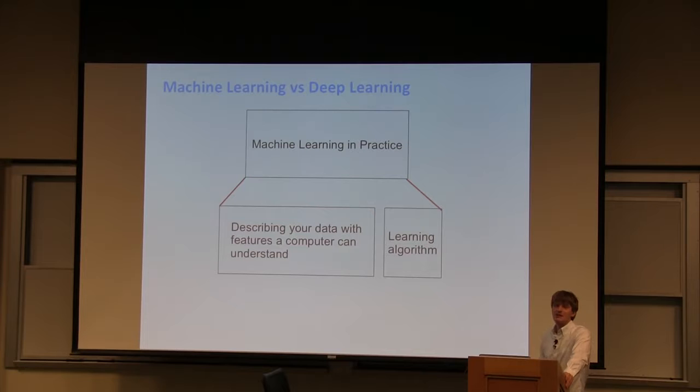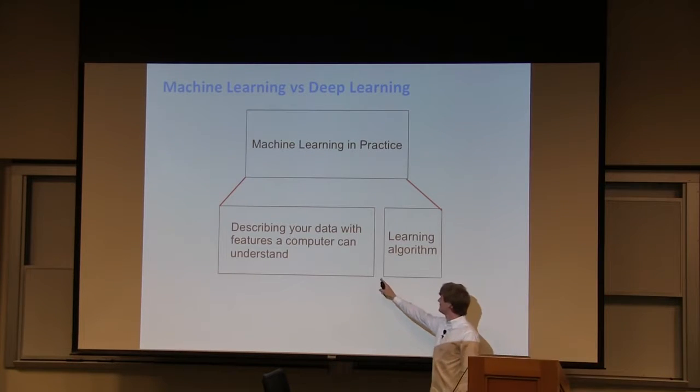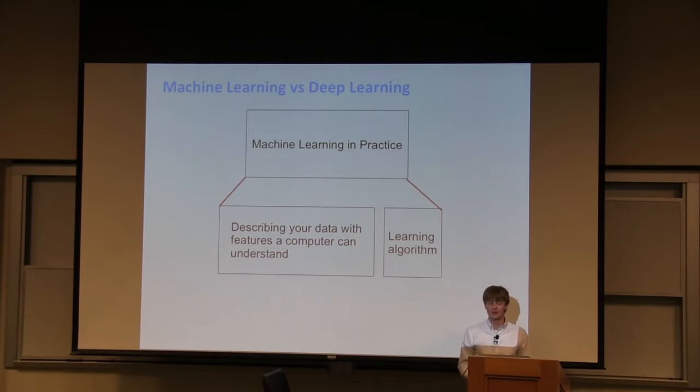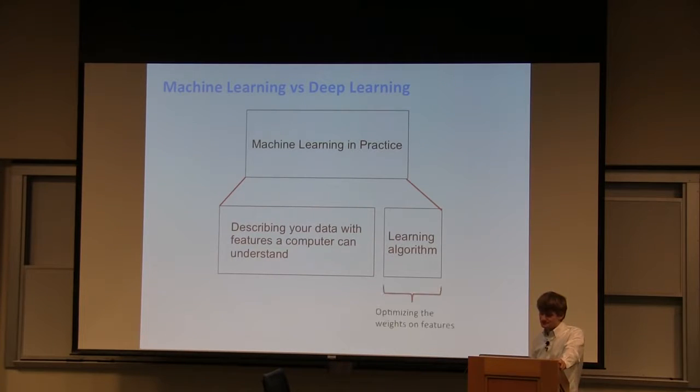So when you look at machine learning in practice, it used to always be that you spend the majority of your time describing your data, looking at how to make sense of it to a computer such that it can just optimize a very simple function. And at the very end, you'd have the learning algorithm. And this is even a sort of optimistic way. Some people might say it's really 90% to 95% of you sitting down, becoming an expert in your domain, and then classifying or making certain kinds of predictions.